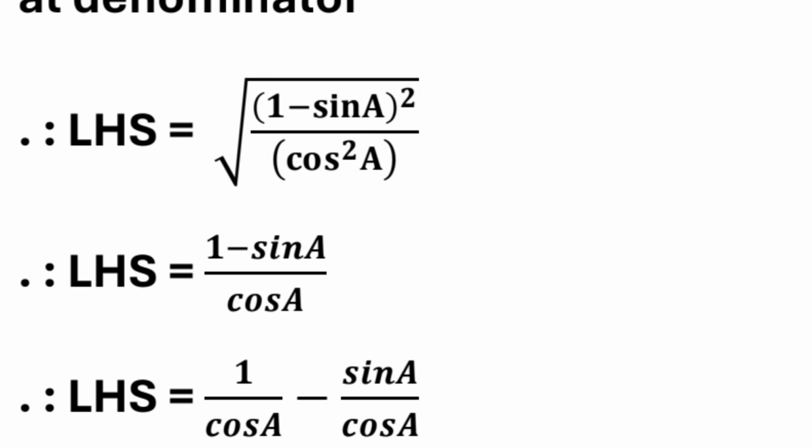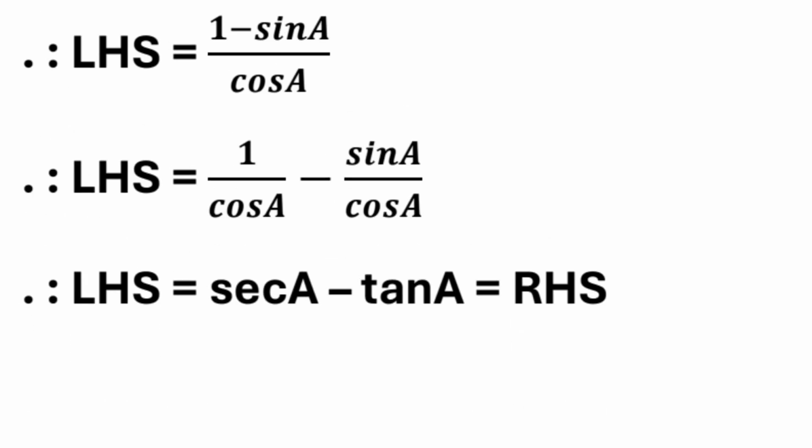The left over step is LHS is equal to 1 minus sin A upon cos A, not cos square A. Now we give this denominator cos A separately to 1 and minus sin A. Look at this carefully: LHS is equal to 1 upon cos A minus sin A upon cos A.